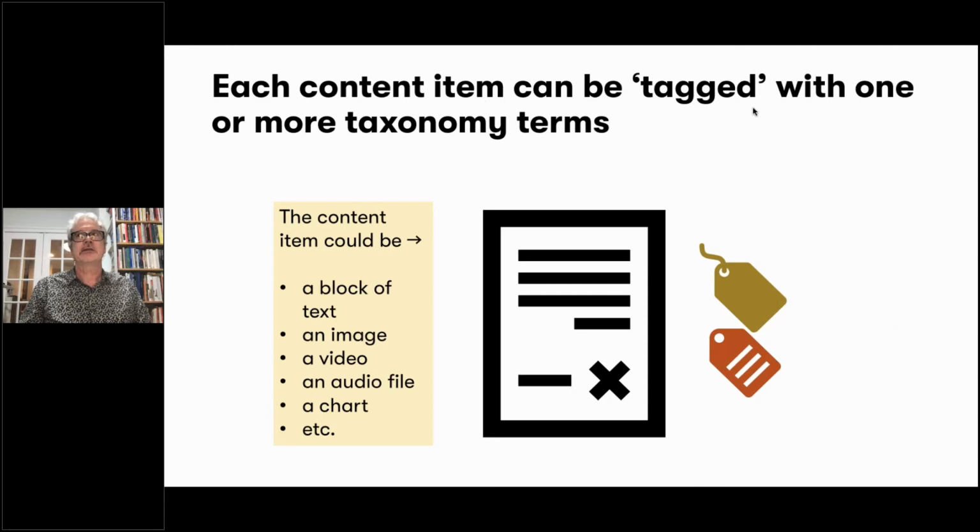And these content items could be things like blocks of text, or they could be images or videos or charts. It could be a whole host of things. And what we want to do is tag them with taxonomy terms so that people know what this refers to. We may use one term, but often we'll want to use several terms because we'll be able to get a lot more value out of the item when we describe it as completely as we can.